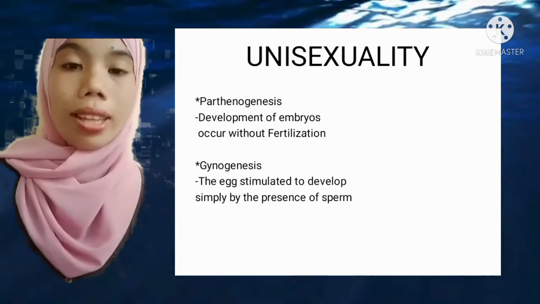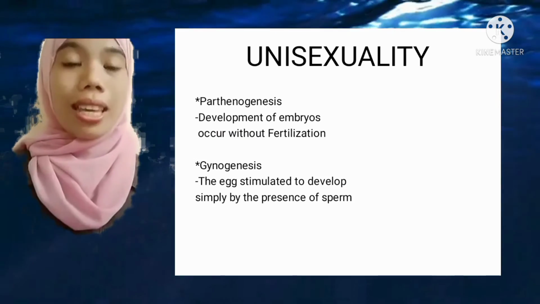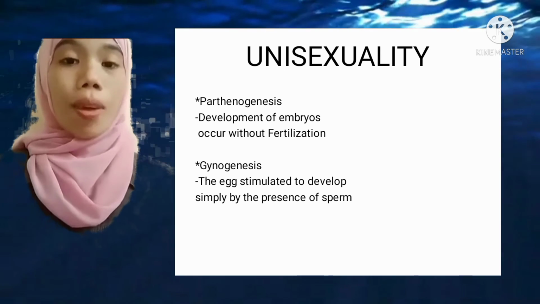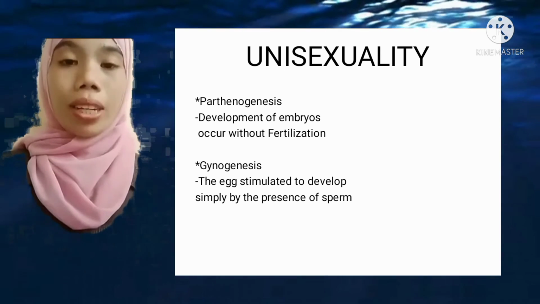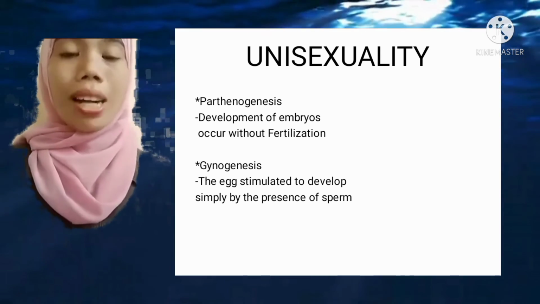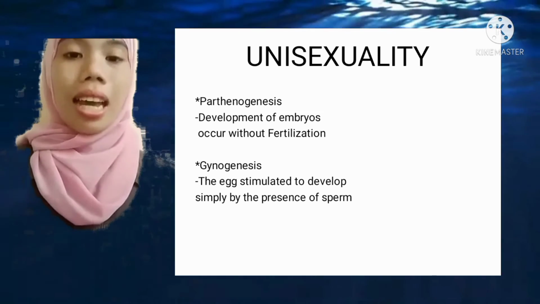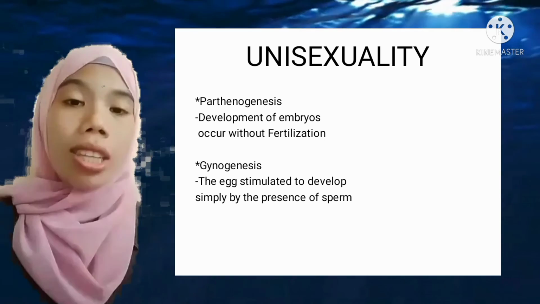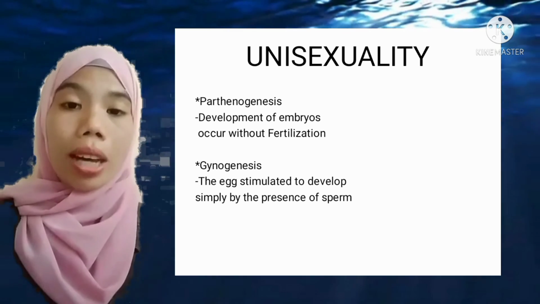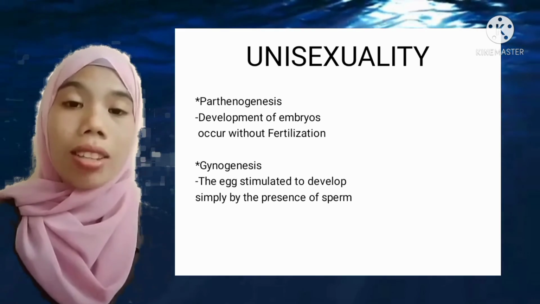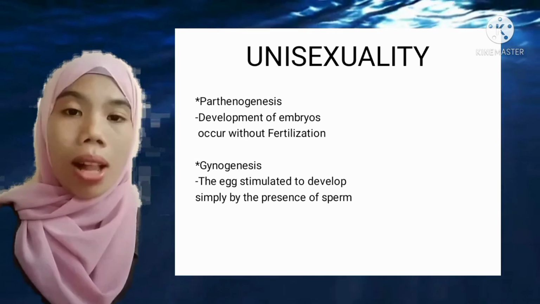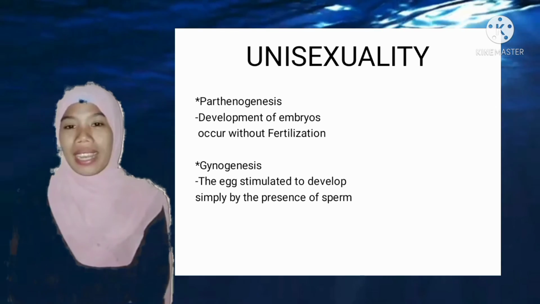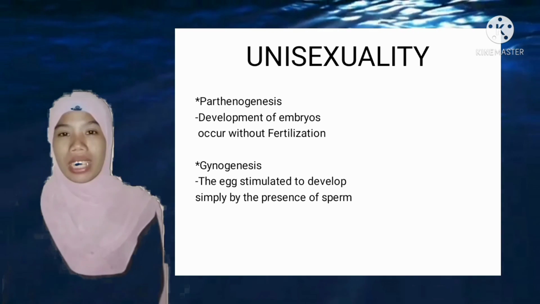Next is unisexuality. Unisexuality is a method by which individuals develop without fertilization. This includes parthenogenesis and gynogenesis. Parthenogenesis is a form of asexual reproduction in which unfertilized eggs develop into new individuals. Then, gynogenesis is a form of parthenogenesis.